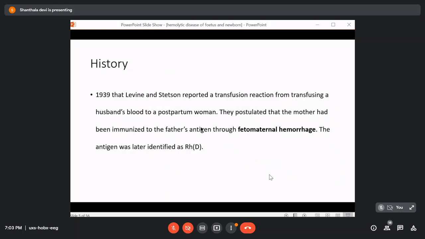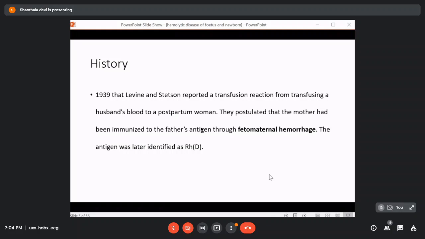In 1939, Levine and Stetson performed a transfusion from a husband's blood to a postpartum woman, which resulted in a transfusion reaction. They then postulated that the mother had been sensitized by the father's antigen present on the fetal cells through fetomaternal hemorrhage.